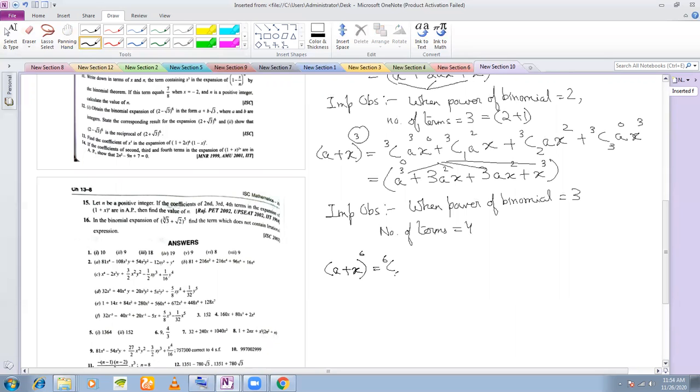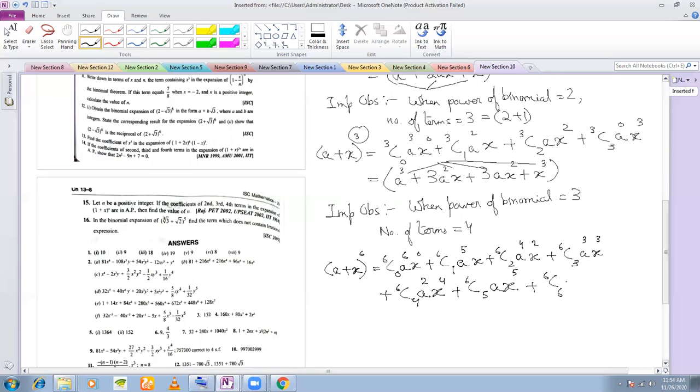We have 6c0 a to the power of 6 x to the power of 0, plus 6c1 a to the power of 5 x, plus 6c2 a to the power of 4 x square, plus 6c3 a cube x cube, plus 6c4 a square x to the power of 4, plus 6c5 a x to the power of 5, plus 6c6 a to the power of 0 x to the power of 6.